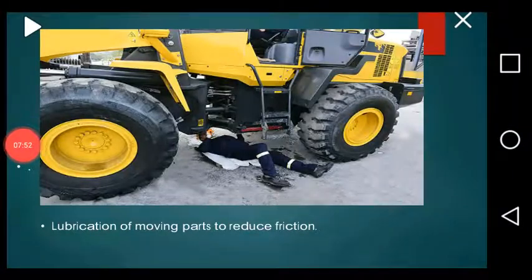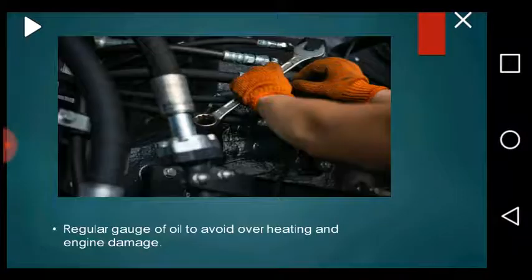Machines can be painted to prevent corrosion or rusting of the exposed parts of the machines. Regular changing of the oil in the engine will make the engine last longer.